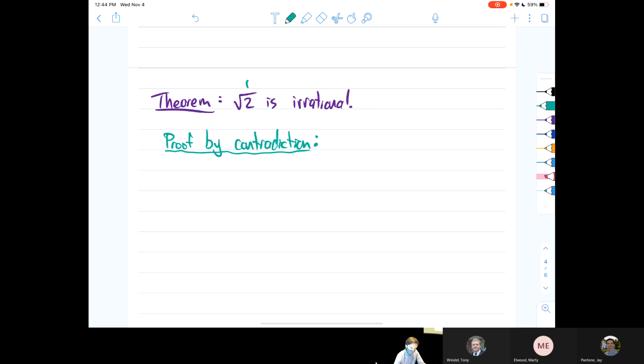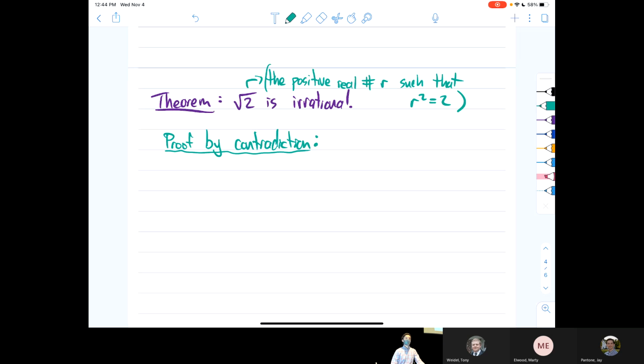Square root of 2 means the positive real number r such that when you square it, you get 2. When we say square root of 2, that's what we mean: the number that if you square it, you get 2.